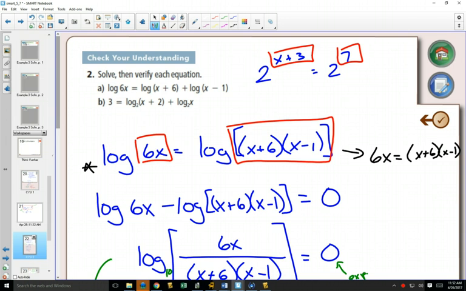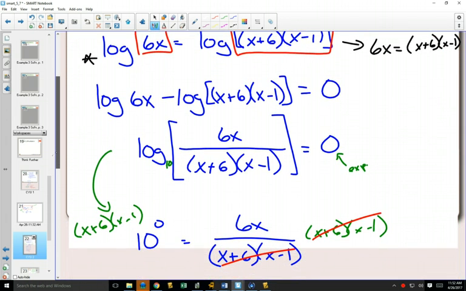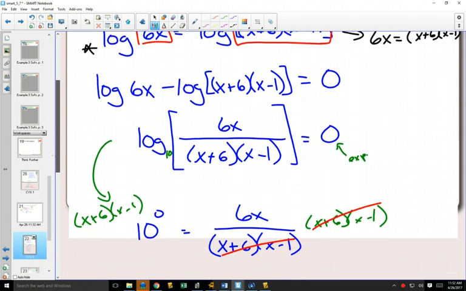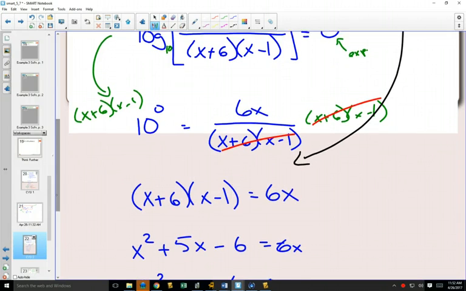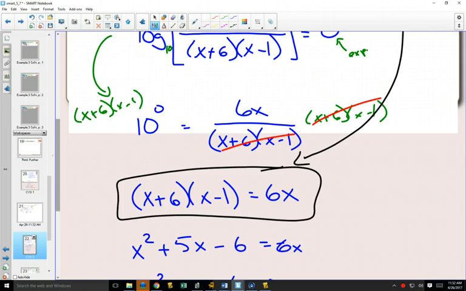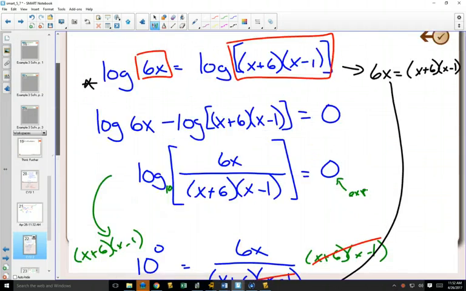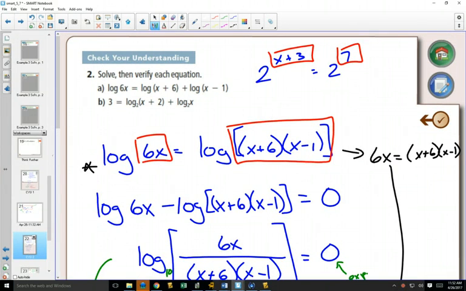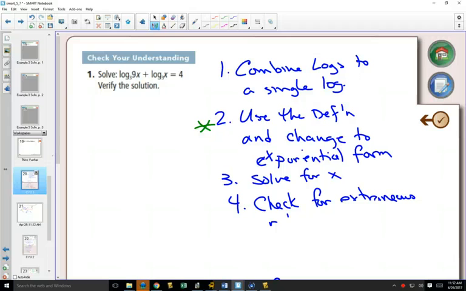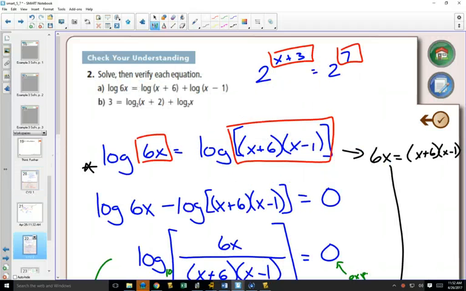How many steps would that save us? That saves us a lot of steps in this one. Well, you can only do that if you have log of something equals log of something. Look in our first example that we did. Oh, we erased it. We'll look in our second example. You won't be able to do that.